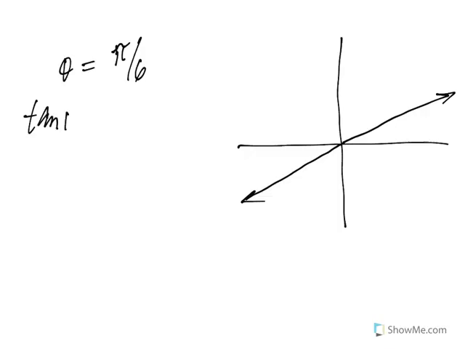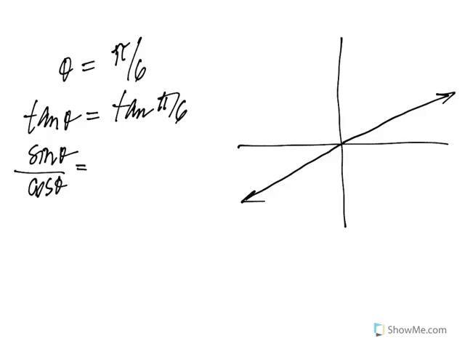So a little trick here, what I'm going to do is I'm going to tangent both sides. I get the tangent of theta is equal to the tangent of pi over 6. And why will I use the tangent? Because tangent is sine over cosine, and I'm moving closer to what I need in rectangular form. That's going to be 1 over the square root of 3. Now, the left-hand side is close.